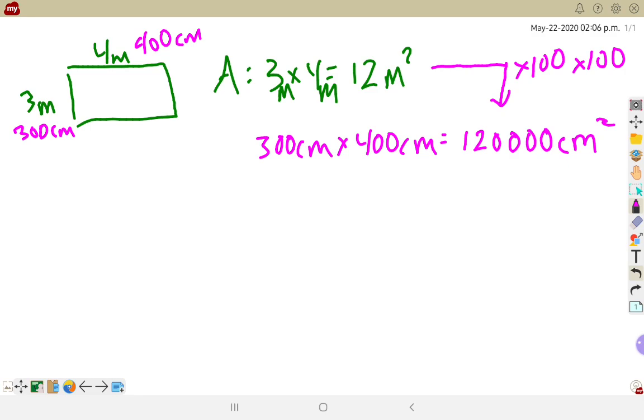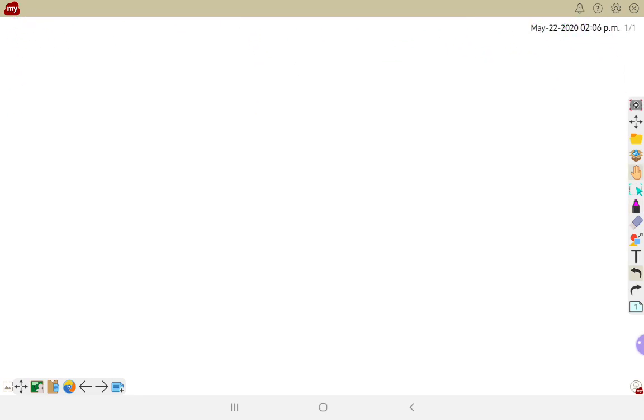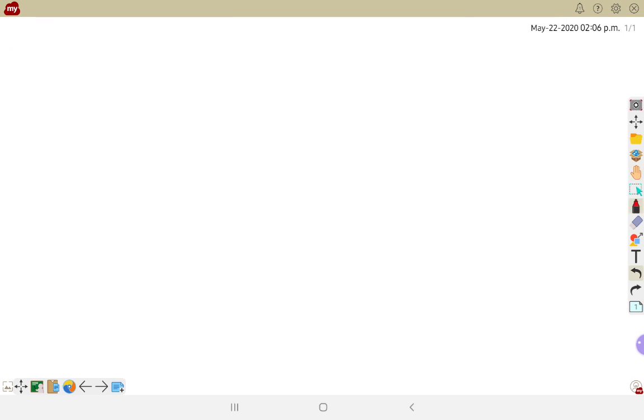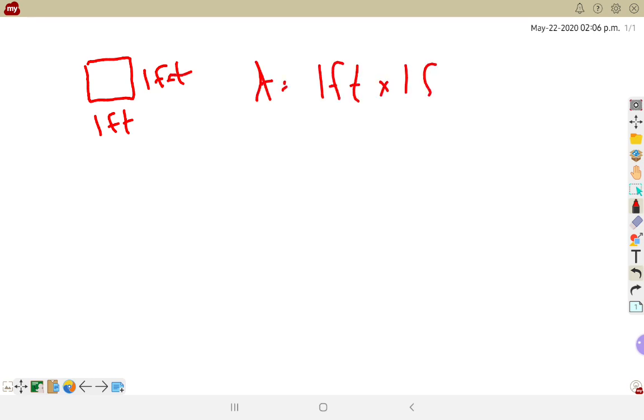All right. So same thing works even if we are working in imperial units instead of metric. So let's say I had a square foot, right? You're often going to hear about the square footage of your house or something like that. So I got 1 foot by 1 foot, so the area would be 1 foot squared.